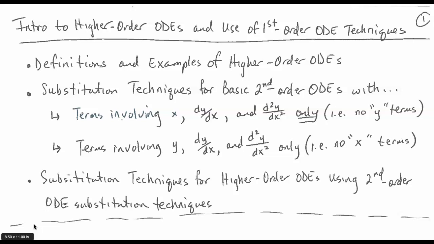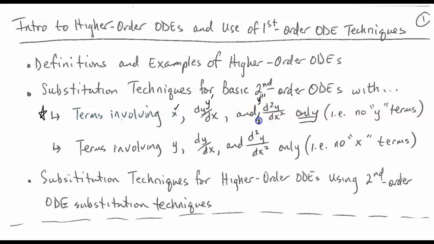Okay. Now, the categories that we're going to put these particular ODEs in, two of those three categories are listed here. So this first one here is going to be ODEs where we only see terms that either have an x in it, a y prime in it, because that's what dy over dx is, or y double prime in it.